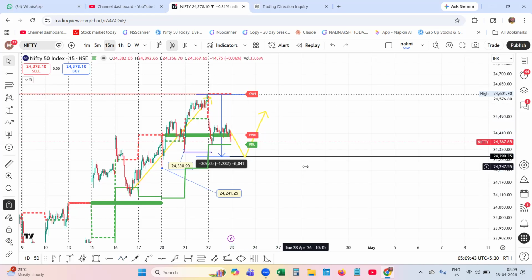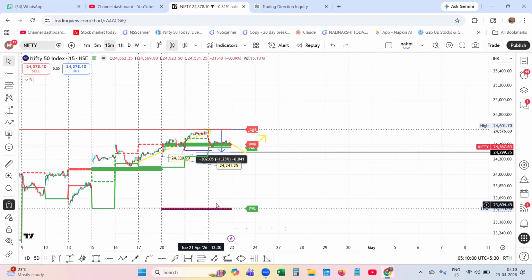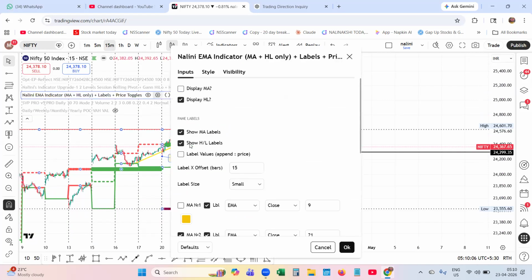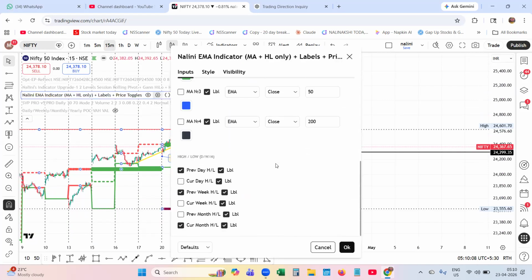So initially, at the opening bell, you can see the market. Then what happens, if it starts reversing back, it gives me the weekly levels. Weekly low will be shifted. This is the previous weekly low. Let me enable current week low.